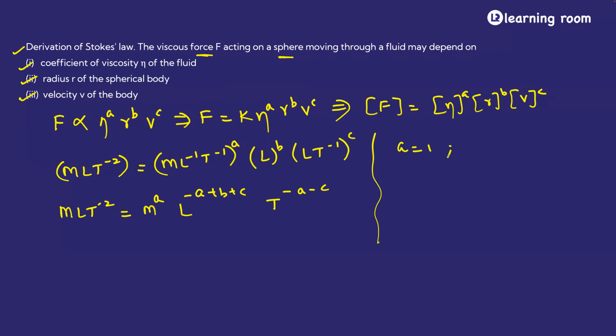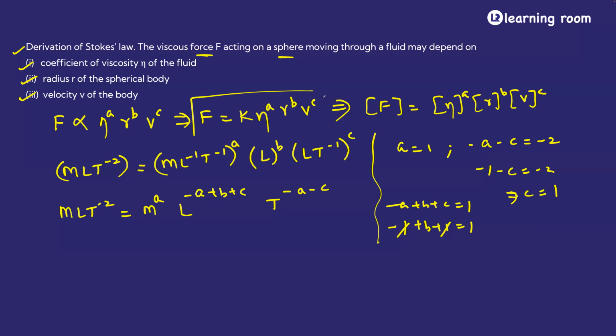So a is 1, and -a-c is -2. So -1 - c is -2, which implies c is equal to 1. Then -a+b+c is also 1. So -1 + b + 1 is equal to 1. This will get cancelled. b is also 1. So what can you conclude?